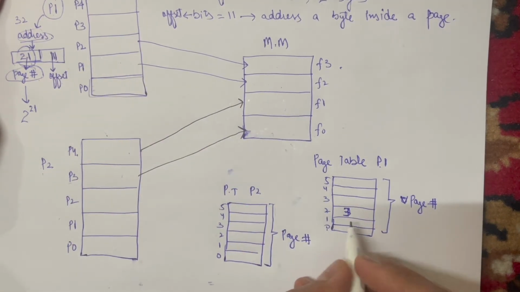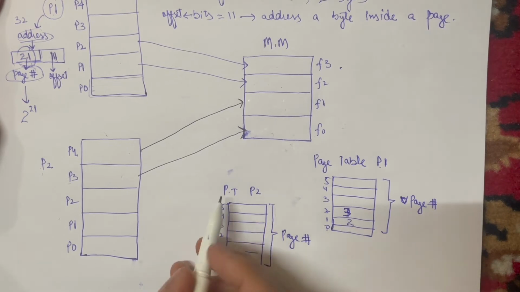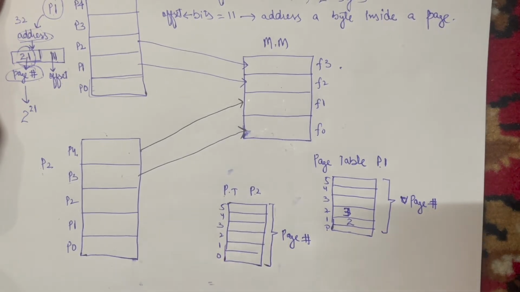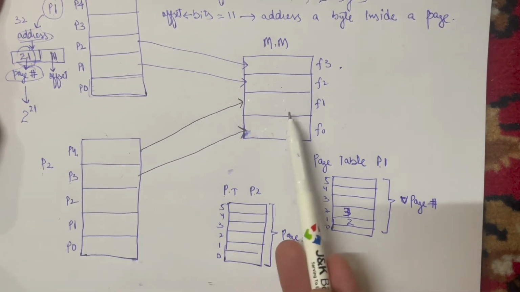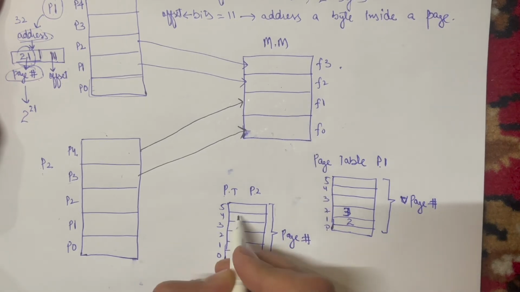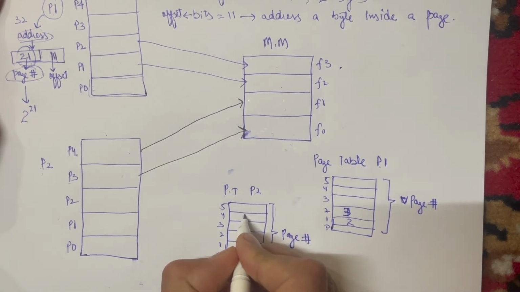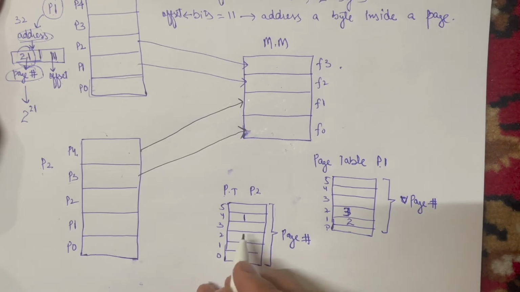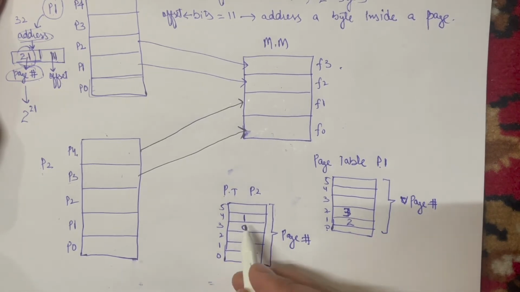So at one location we will store 2. Likewise, in the page table of P2, you can see P4 is mapped to F1. So at 4 we have 1, and at 3 we have 0. So you can see that in only these two positions we have valid data. At other positions we have garbage data.